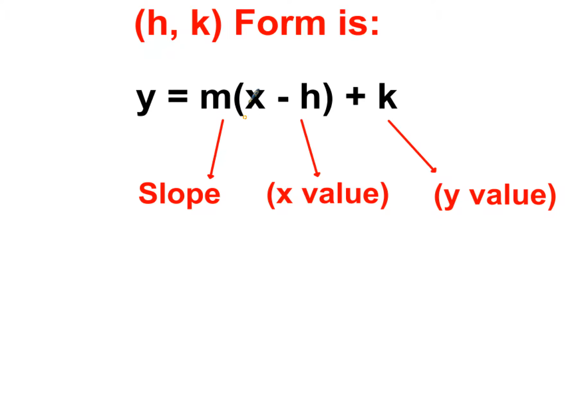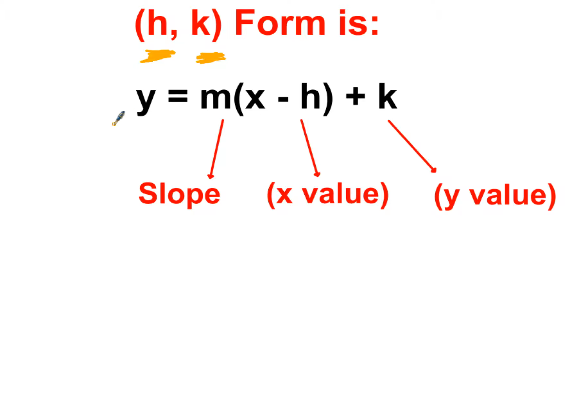So here's what HK form is. HK form is y equals m, my slope, times, and then I have parentheses here, x minus h, plus k. The h is the x value, and the k is the y value. What we're doing is taking any point from the line.